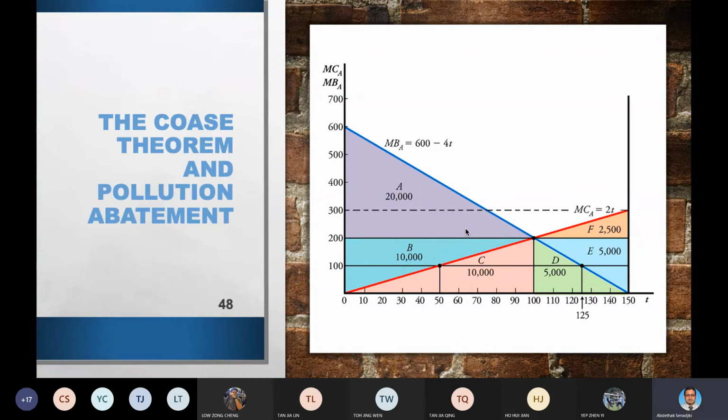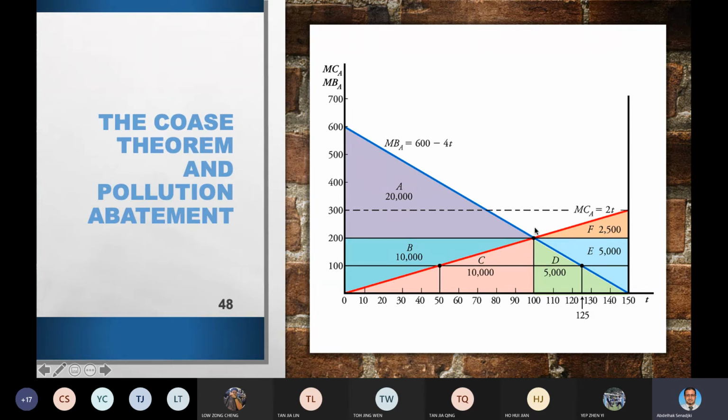Again, the firm will not reduce emissions or abate more than 100 tons because the marginal cost for that will be more than 200. You see, until here it is 200. If it goes beyond 100, the marginal cost becomes more than 200 and the benefit for that firm will reduce.